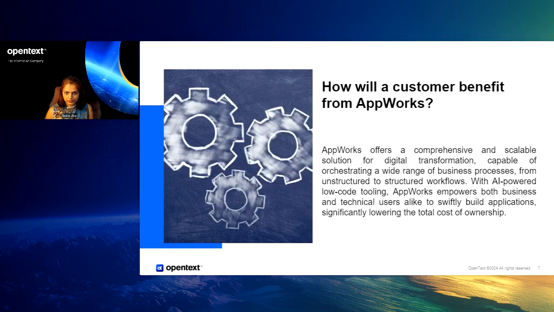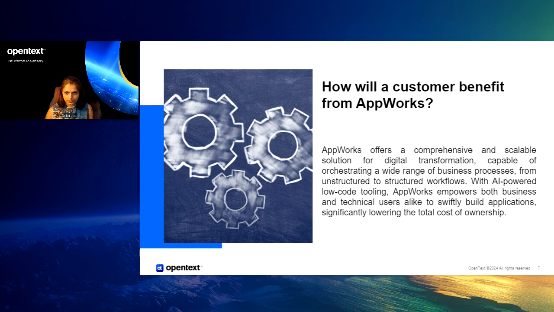How will a customer benefit from using AppWorks in daily operation? AppWorks offers a comprehensive and scalable solution for digital transformation, capable of orchestrating a wide range of processes, from unstructured to structured workflows. By optimizing processes, customers can experience increased efficiency, reduced costs, and improved decision-making.